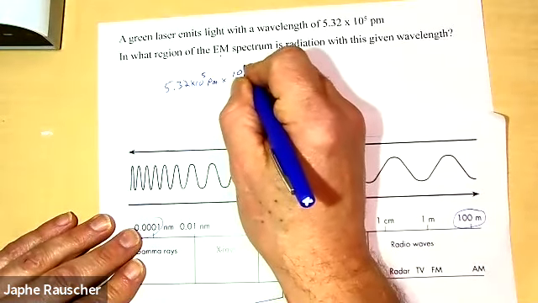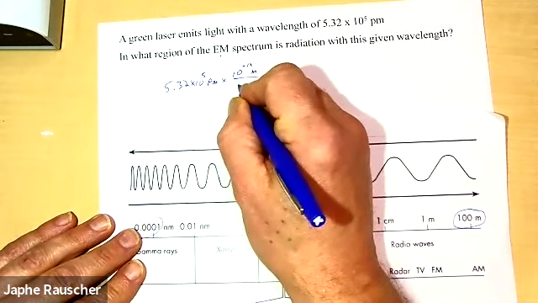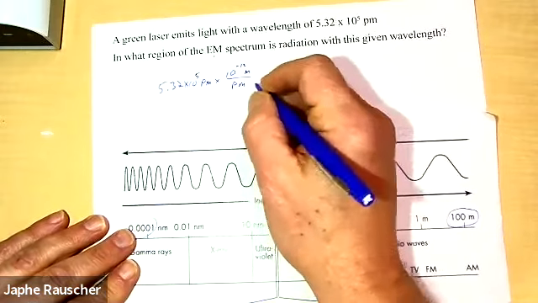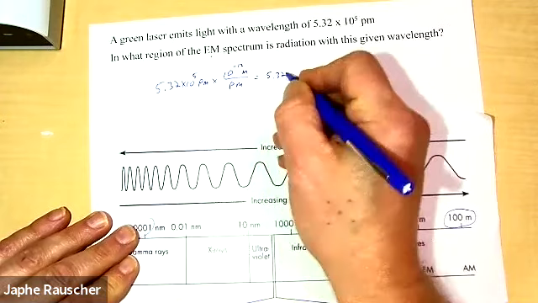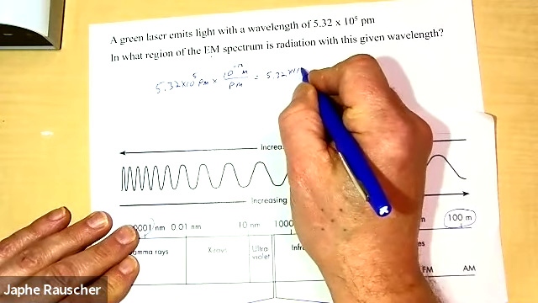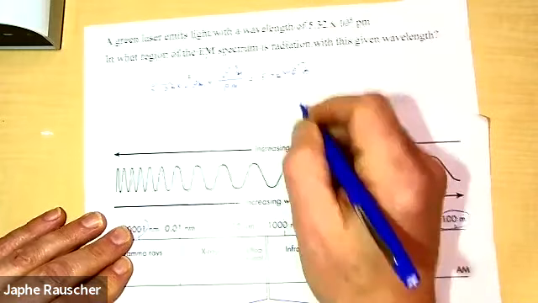So 10 to the negative 12 meters are in a picometer. And then this is going to give us 5.32 times 10 to the negative 7 meters.